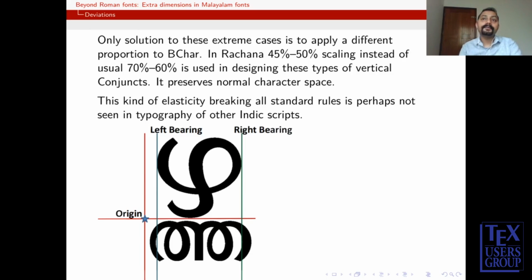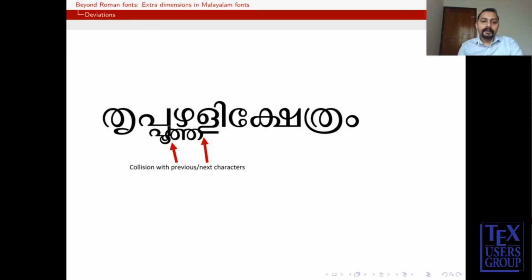And this kind of conjunct is rare even in other Indic scripts like Devanagari. In some examples that you can see here, if we use a fixed percentage like 70% to 60%, we can see that it collides with the previous and the next character.